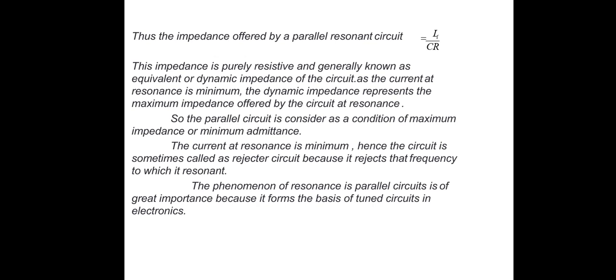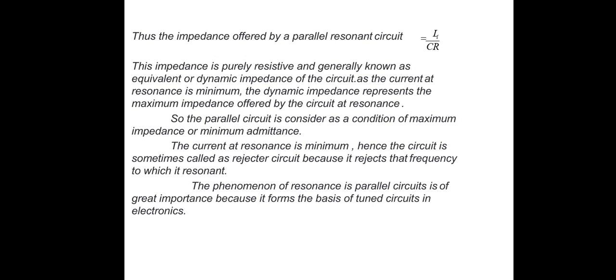Thus the impedance offered by a parallel resonant circuit is indicated by L by CR only. This impedance is purely resistive and generally known as the equivalent or dynamic impedance of the circuit. As the current at resonance is minimum, the dynamic impedance represents the maximum impedance offered by the circuit at resonance condition. In a series resonance circuit, the minimum impedance occurs and the maximum current flows through it, but here the maximum impedance occurs.